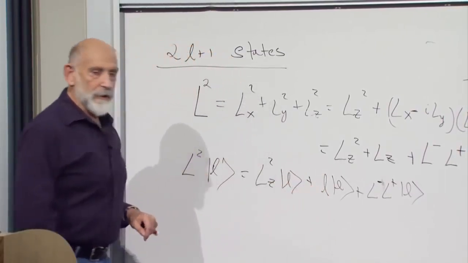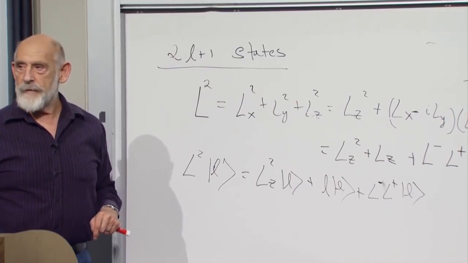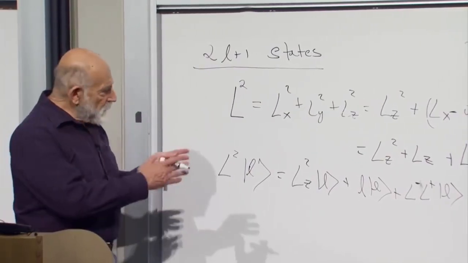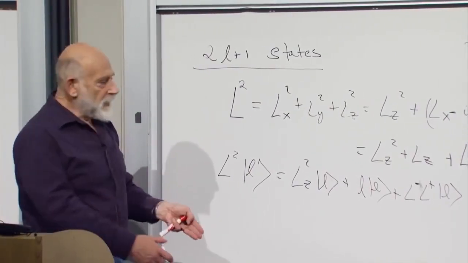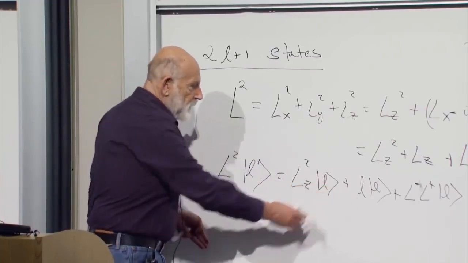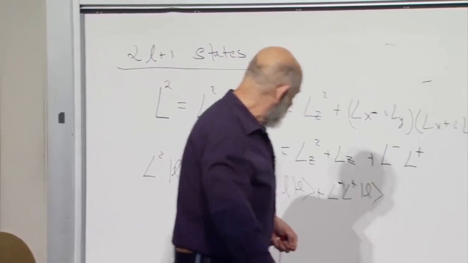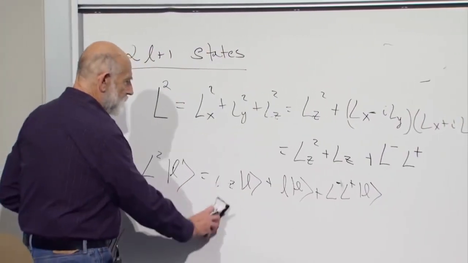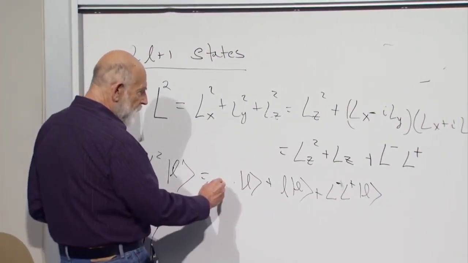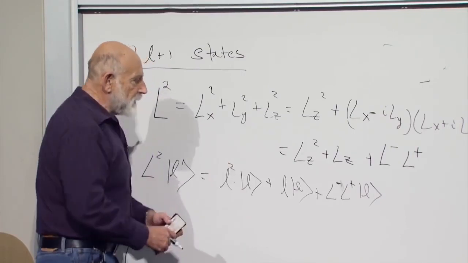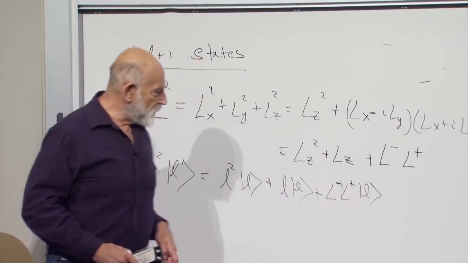What about Lz squared? It's just L squared. You're just hitting it with the operator Lz twice. The first time you hit it, it gives you an L. The second time you hit it, it gives you another L. So that's L squared. Okay, that was easy, but what about this guy? What are we going to do about it?